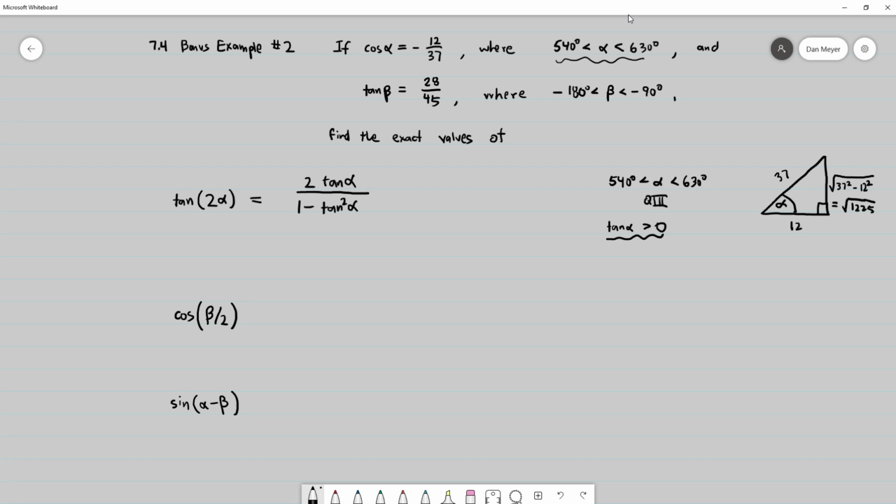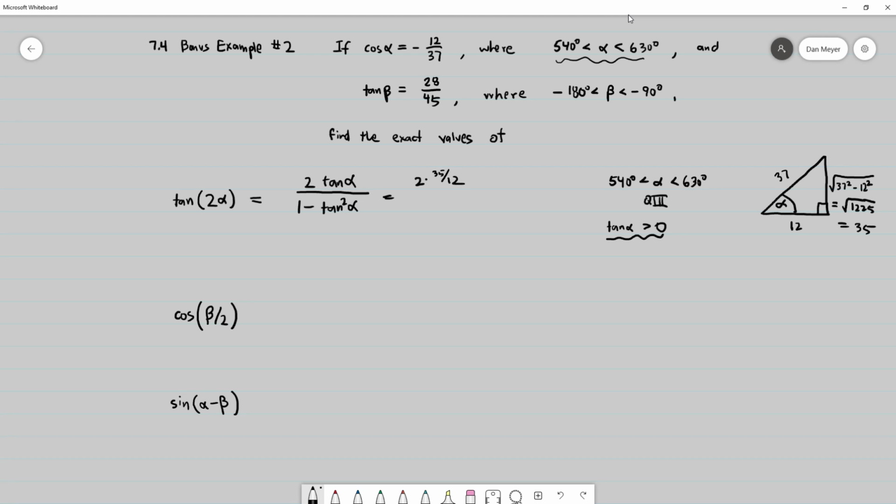So let's take the square root of that and see what we get. Yeah, that's 35. All right, so my opposite side is 35. Tangent of alpha, opposite over adjacent, would be 35 over 12.